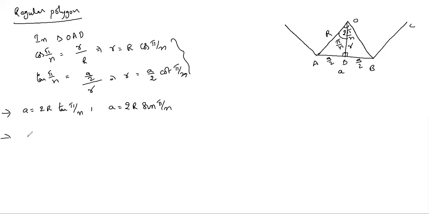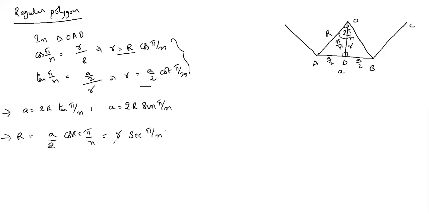Similarly, R in terms of a is a by 2 cosecant pi by n. And if you consider the r value, capital R equals r secant pi by n. So these are the formulas to find the side a, the circumradius and the inradius. Knowing the side and the number of sides, you can find the inradius like that.